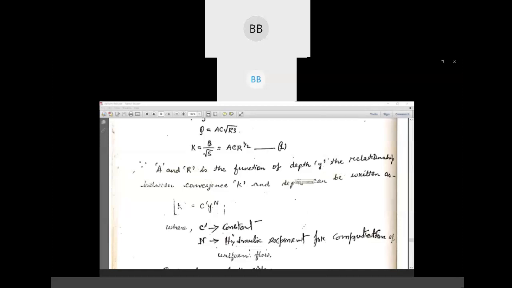If y varies, your area also changes. Y is nothing but your depth of flow. If your depth of flow changes, your hydraulic radius as well as your area will change. The relationship between K and depth can be written as follows.